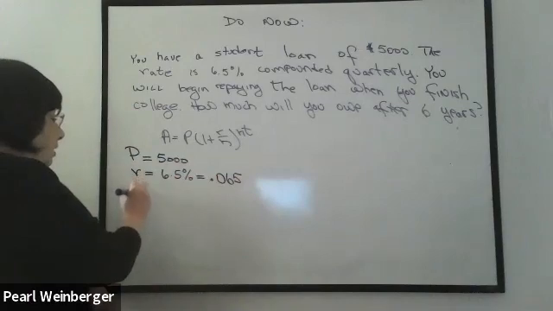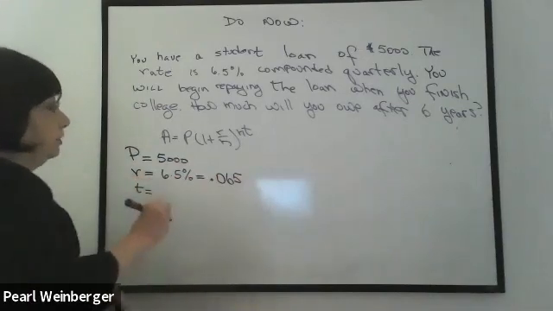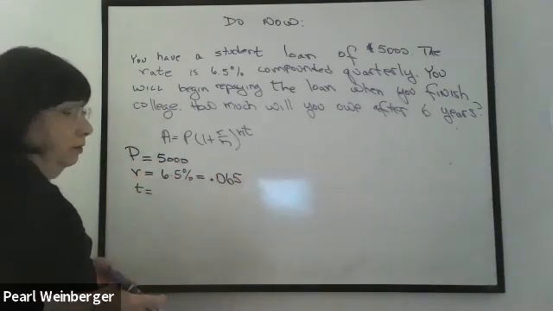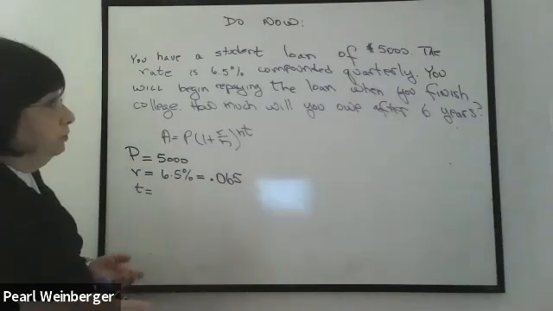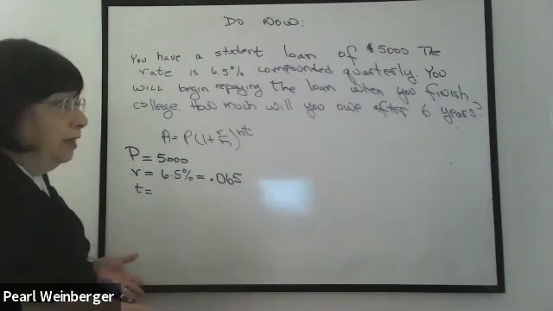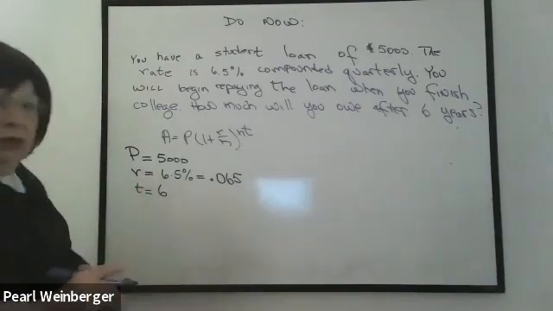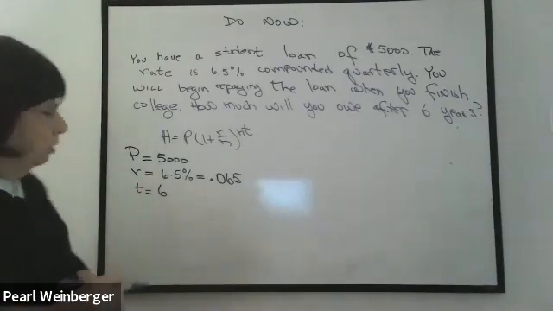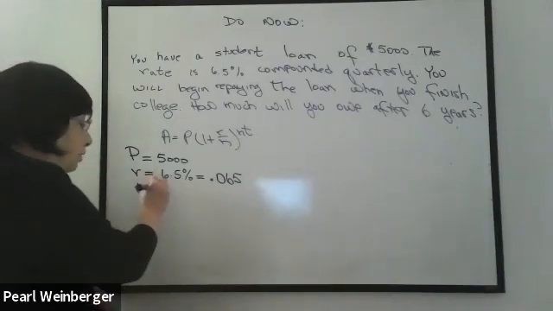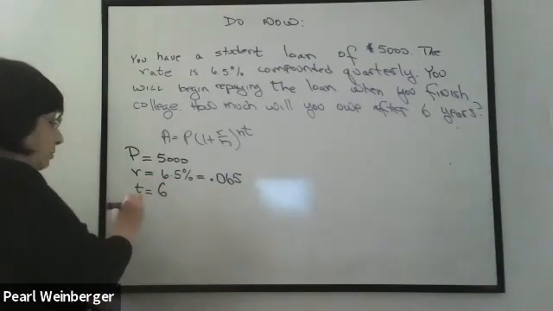The T is the total number of years you will have the loan, and you decided you're going to start paying the loan back after 6 years. 6 years is how many years we're calculating this loan for. You want to know how much we owe at the end of 6 years.